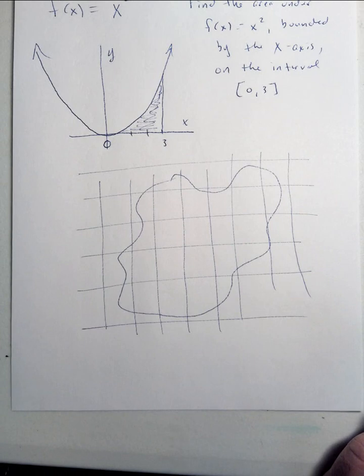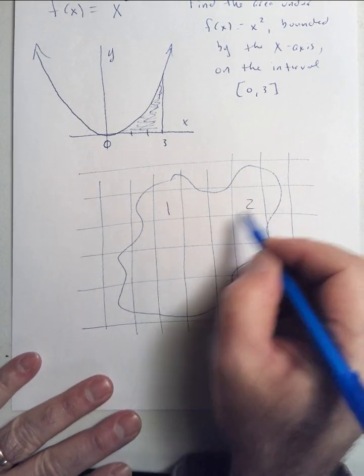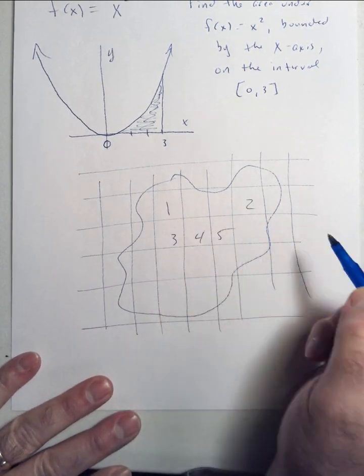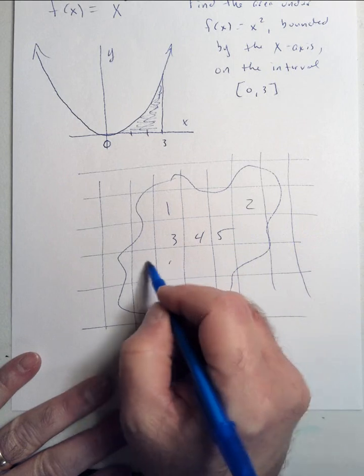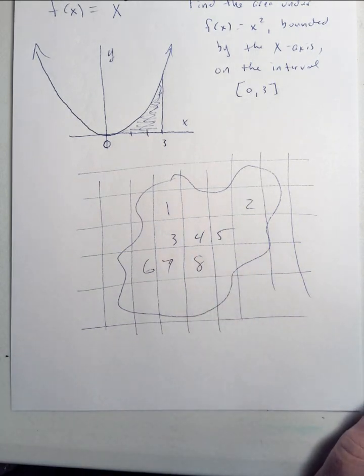And then if each of these squares represents a square mile, you would say, okay, I've got 1, 2, 3, 4, 5, 6, 7, 8. I've got 8 of those squares that are completely inside the lake, so there's at least 8 square miles.